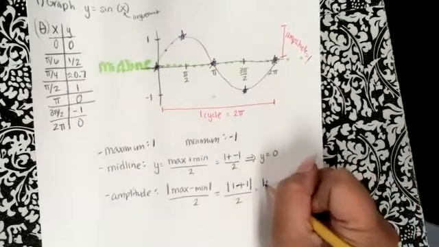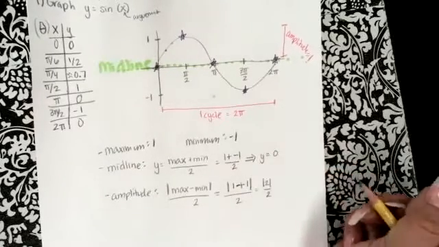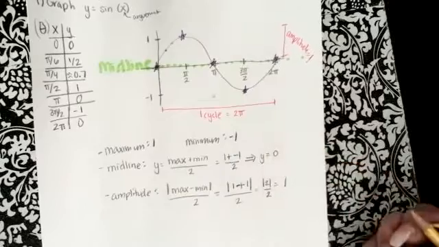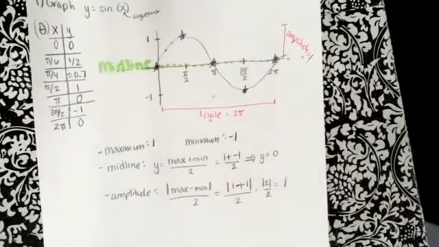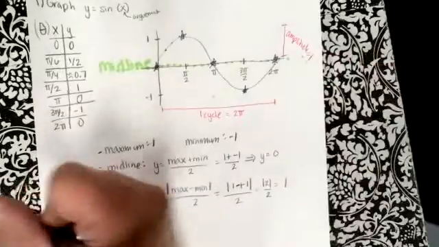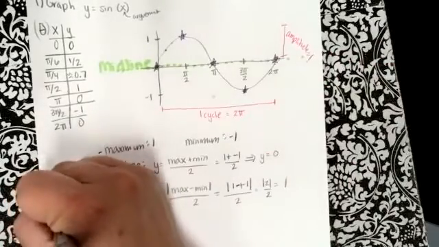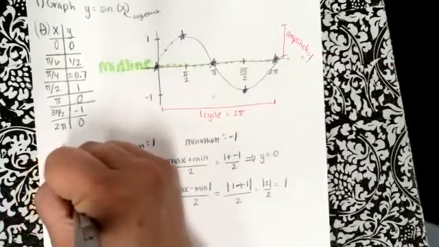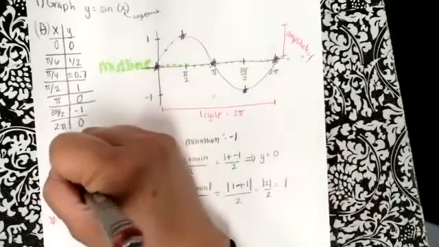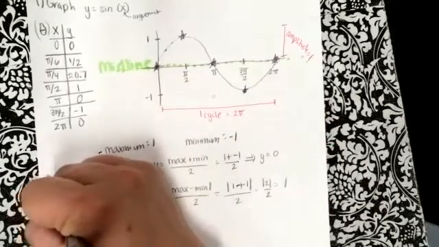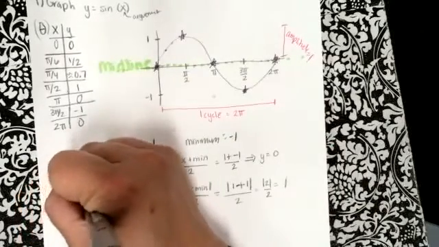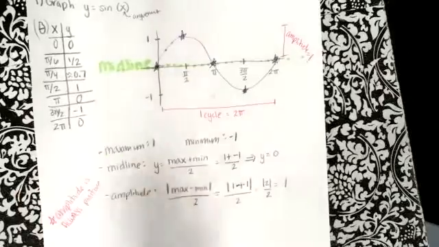So I'm taking the absolute value of 2/2, which is just equal to 1. Now, remember what I said? The amplitude is always positive.